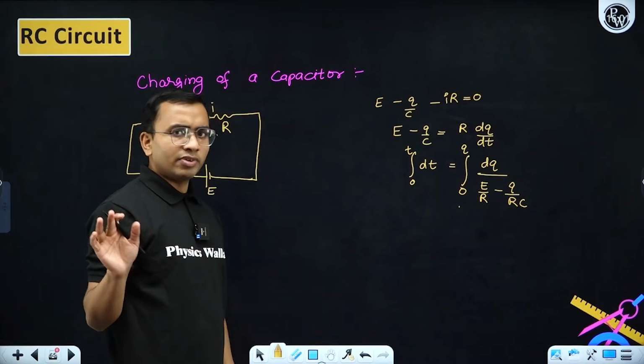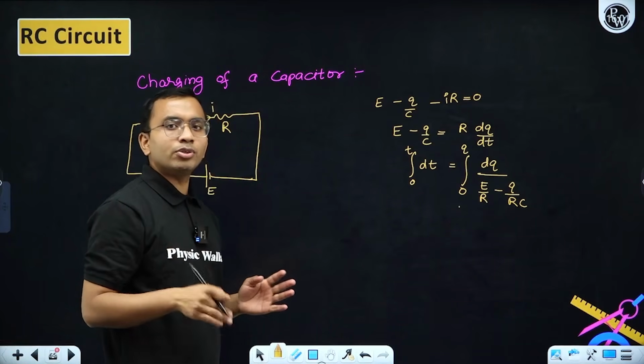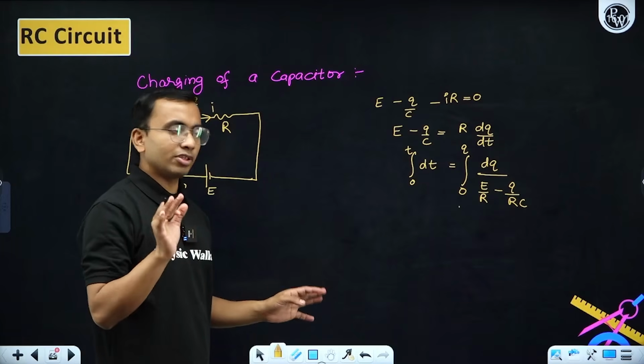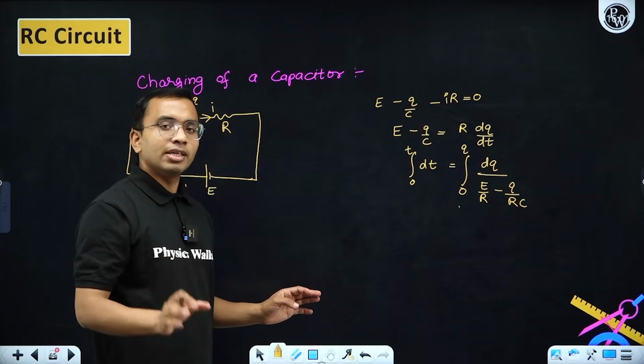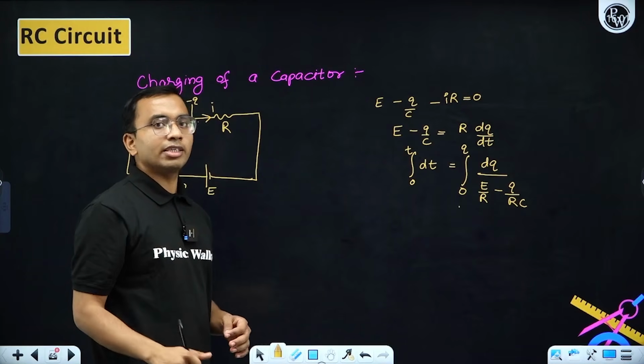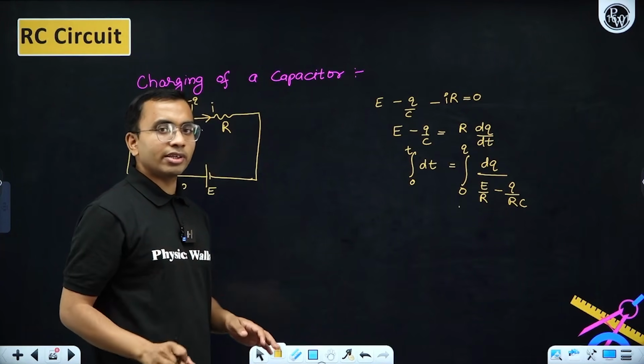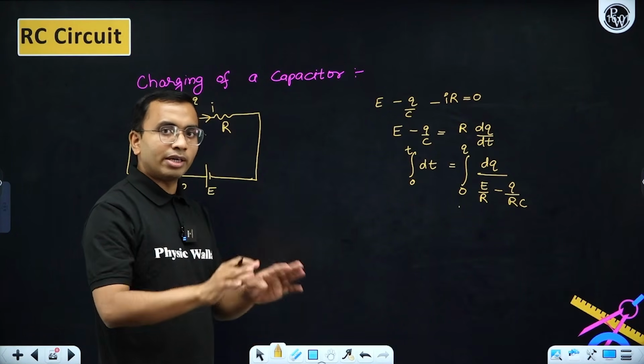I am showing you the derivation, but finally I will tell you how to directly remember that, so that those equations of potential as a function of time, charge as a function of time, or current as a function of time, whether charging or discharging, you will be able to write very easily and directly.